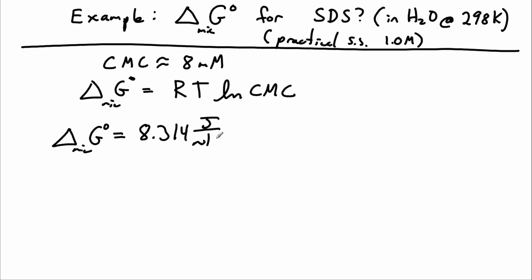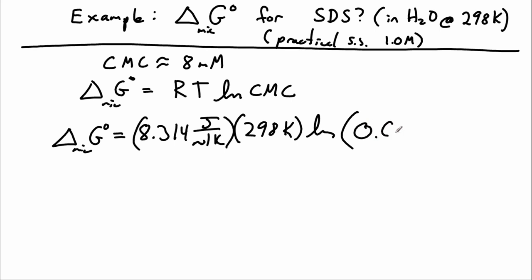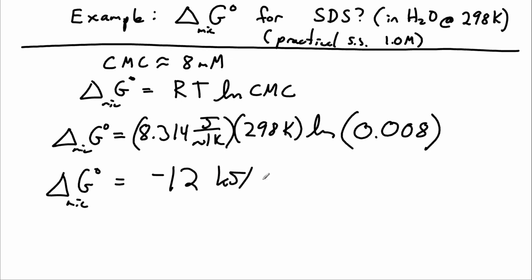So R is 8.314 joules per mole per Kelvin. We said we're working at 298 kelvins. And we couldn't just plug in the concentration in millimolar because we're using a 1 molar standard state, so we convert to molar units. When we do that, we end up with delta G standard for micelle formation for this particular surfactant of negative 12 kilojoules per mole.